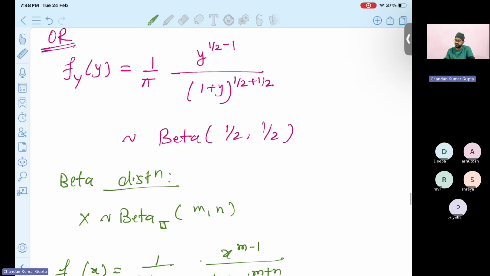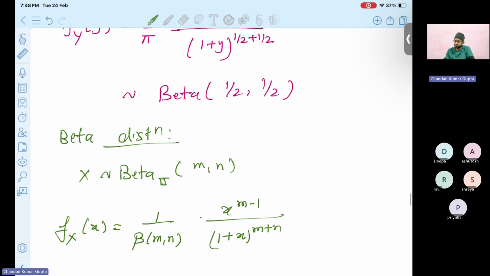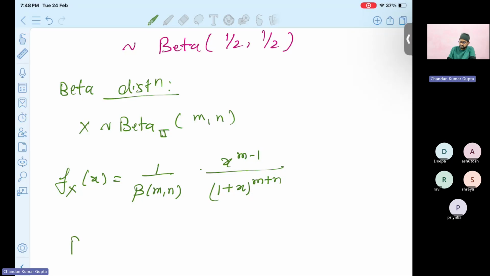So here m equal to 1 by 2 and n equal to 1 by 2. So m plus n comes out to be 1. Also beta 1 by 2, 1 by 2.